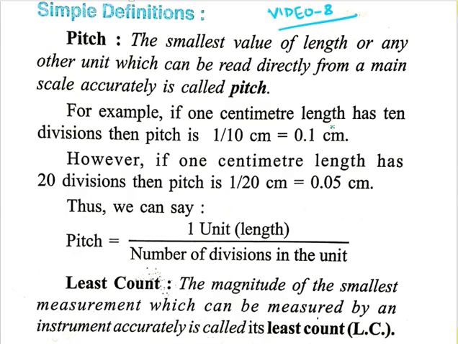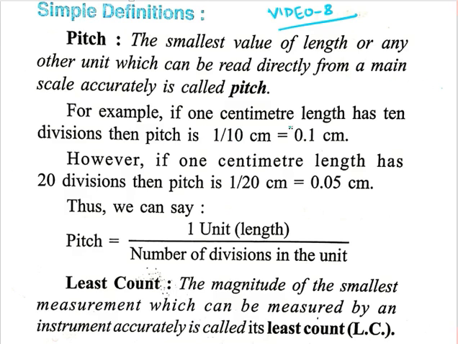So for example, suppose 1 centimeter length has 10 divisions, because 1 centimeter can be written as 10 millimeter. Then pitch will be 1 by 10, because in the main scale we can read up to 1 by 10 centimeter, and 1 by 10 centimeter means 0.1 centimeter, that means 1 millimeter.